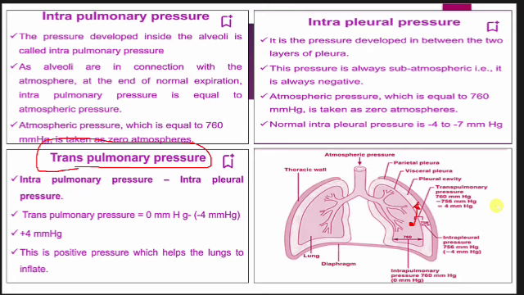You have already written it down. The pressure that exists from the lungs, that is inside the lungs, to the pleural cavity. Look at the arrow. This is the lungs, right? Inside the lungs.